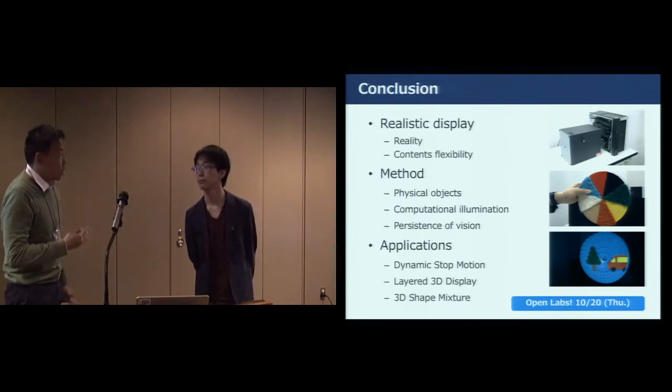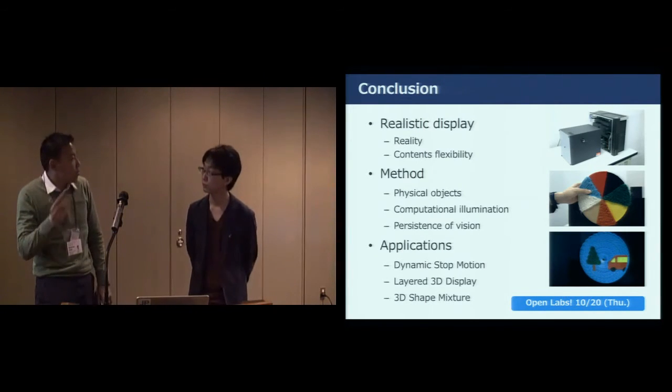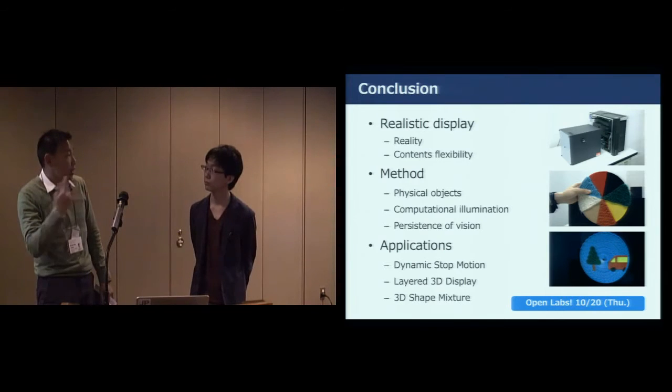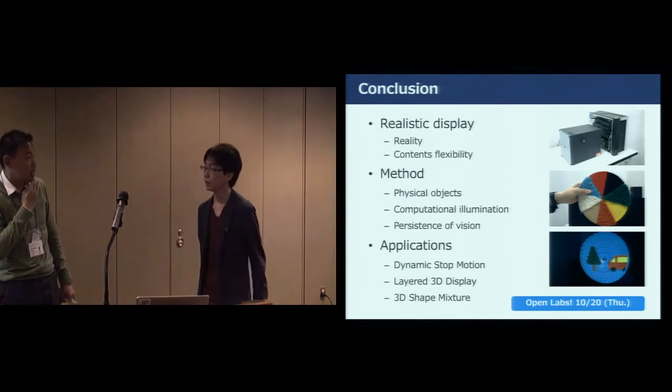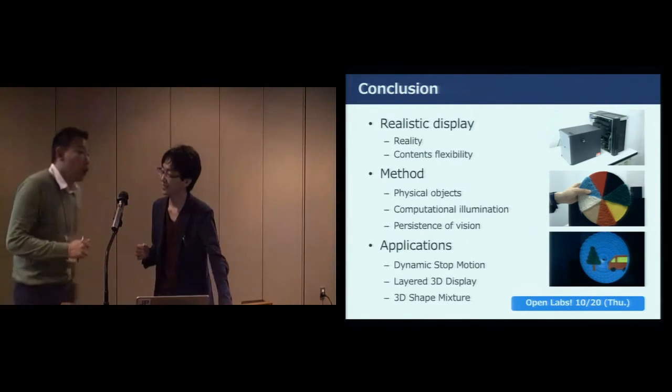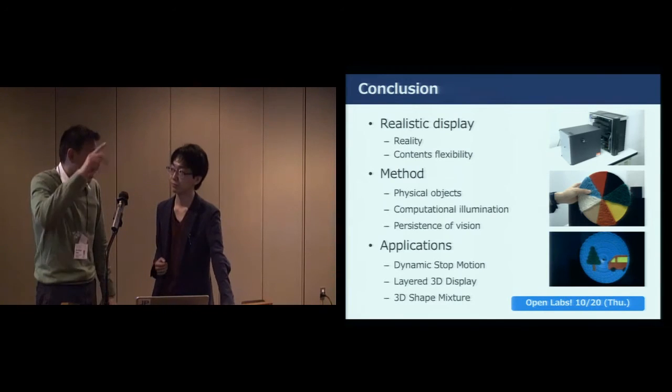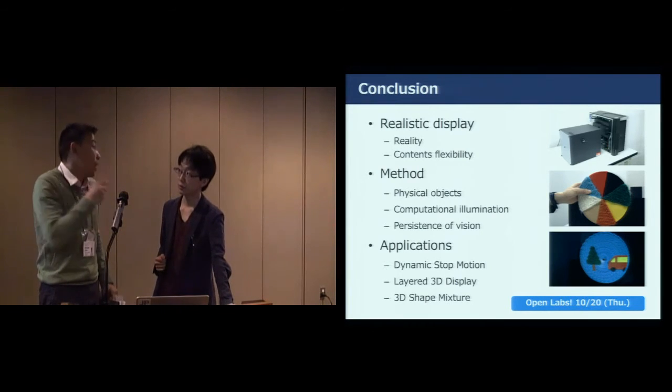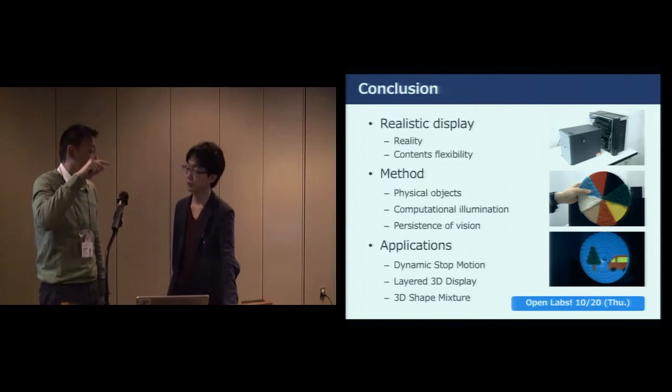Right now, your implementation is a radial disk, but it doesn't have to be a disk, right? As long as it's a periodic object, this technique should theoretically work, correct? Yeah, once more, please. Oh, so it doesn't necessarily have to be a radial disk, right? It doesn't have to be a circular disk.